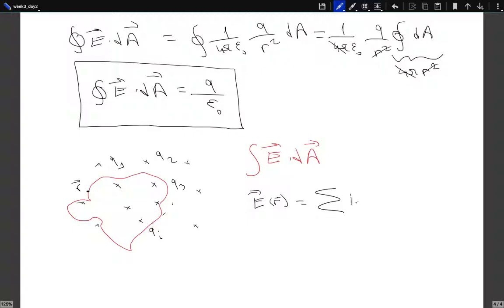So this is the sum of Ei, where Ei is the electric field created by the charge Qi.